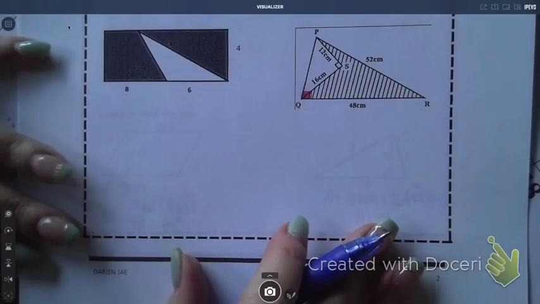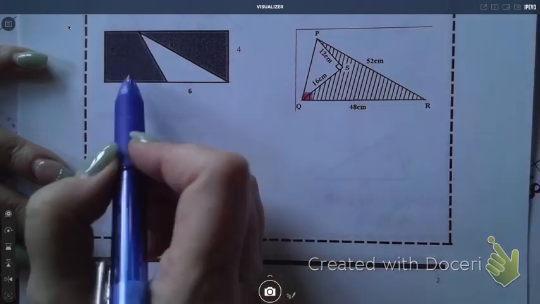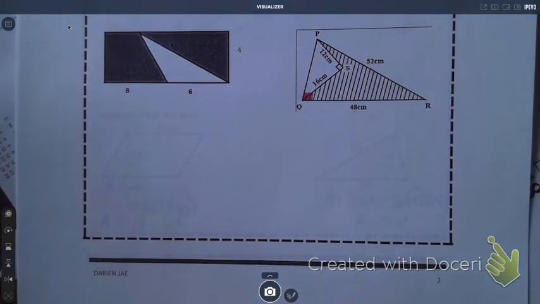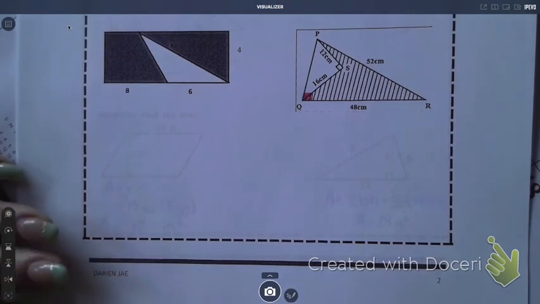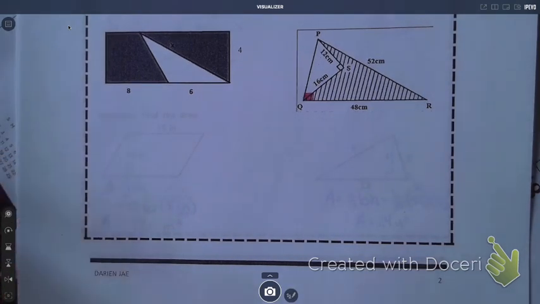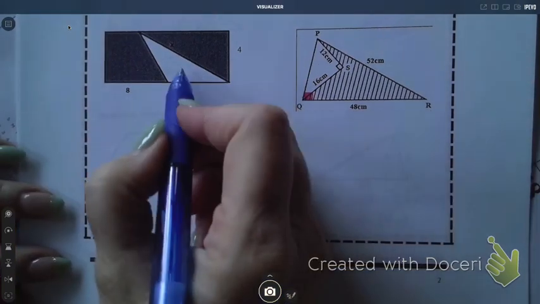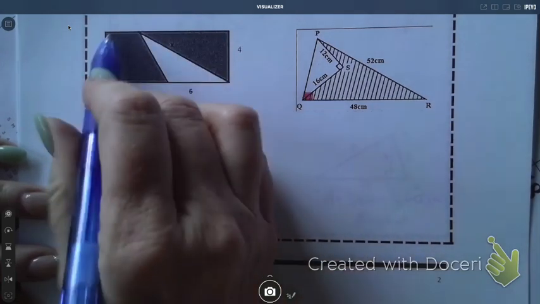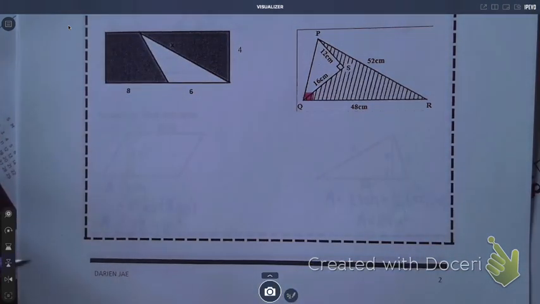Okay, so I want the area of the shaded part. Any ideas? What 2 shapes do you see? Squares, a triangle, and what's the whole thing? Rectangle. So what do I need to do?